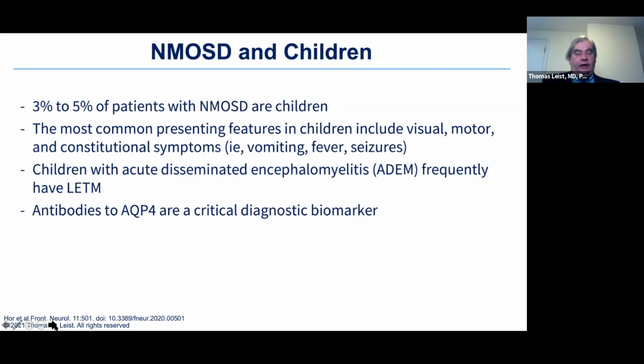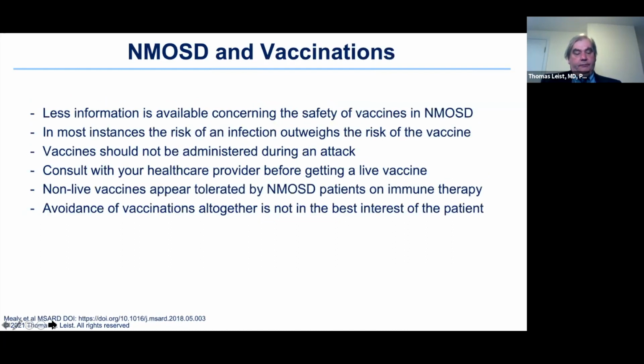Very often it presents as what we call acute disseminated encephalomyelitis, where many lesions occur at the same time in the brain of these children. This is particularly the case in young children, before puberty. In children after puberty, neuromyelitis optica often behaves the same as in adults.